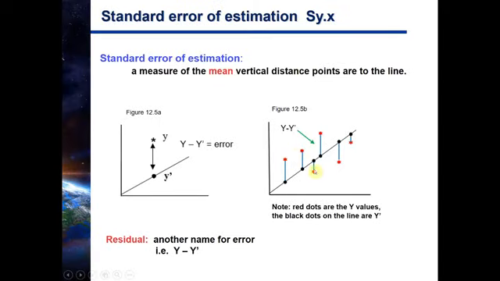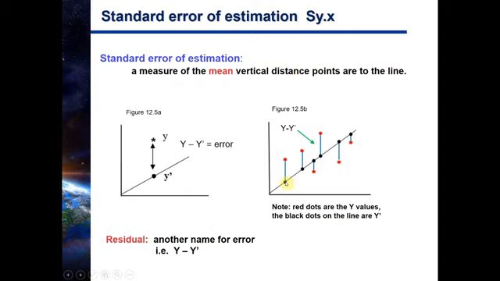So these red stars represent your actual data. So these are the actual y values. And the points that are on the line, these are all y primes. These are what you're predicting. They will always fall on the line. Y primes fall on the line because you're getting those y primes by the equation, and that equation is what defines the line.